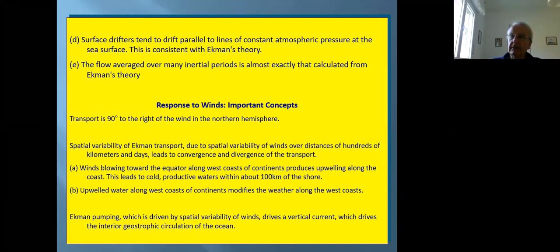But then within about 100 kilometers from the shore, there will be vertical motion from the deeper layer to the surface. And this is what we call upwelling.